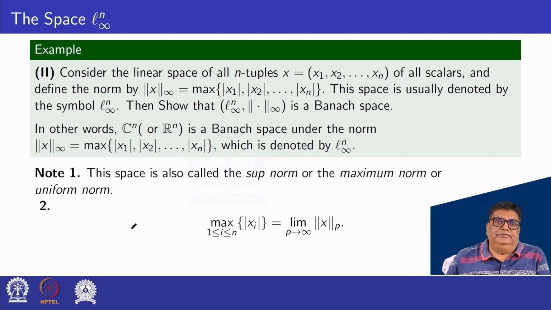Next example, L infinity n space. Consider the linear space of all n tuples x equal to x1, x2 and so on xn of scalars and define the norm by norm x infinity equal to max value of mod x1, mod x2 and so on mod xn.